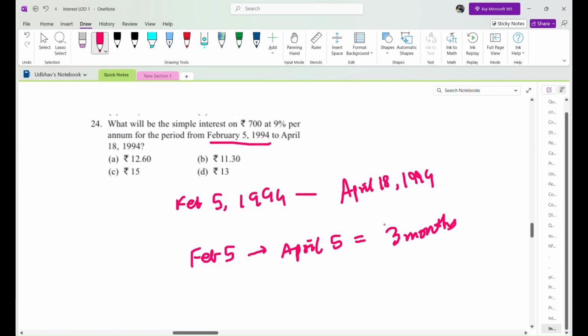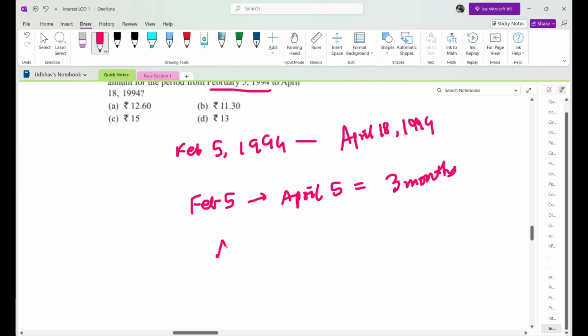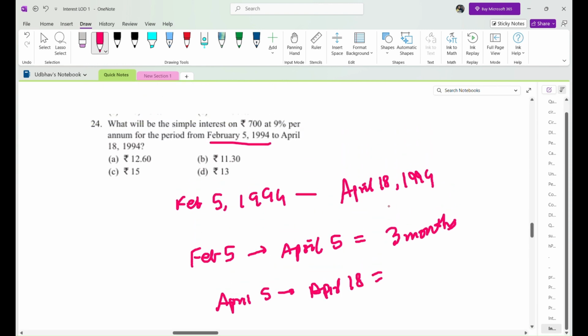And from April 5 to April 18, 1994. 1994 is not a leap year.